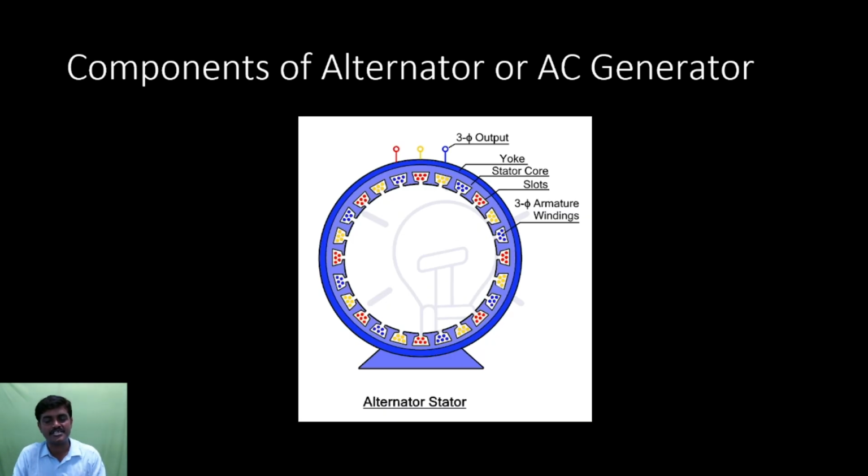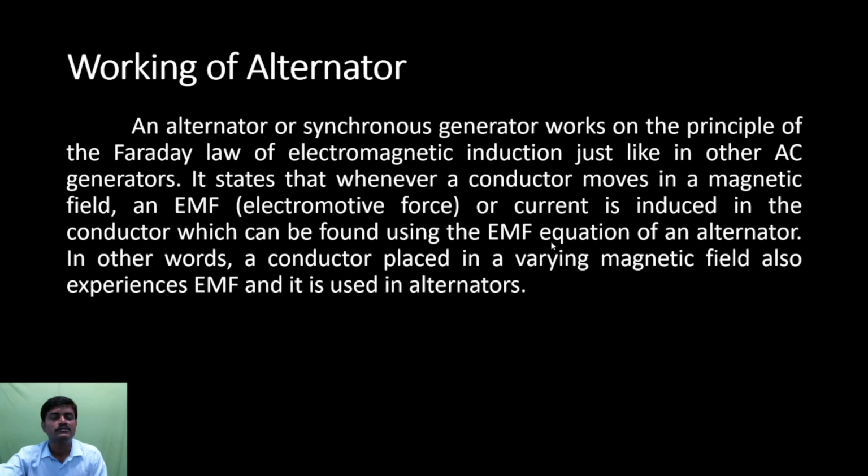This is the stator construction in a separate view. The combined view was already seen, and the parts of the alternator were discussed one by one. Then the working concept.